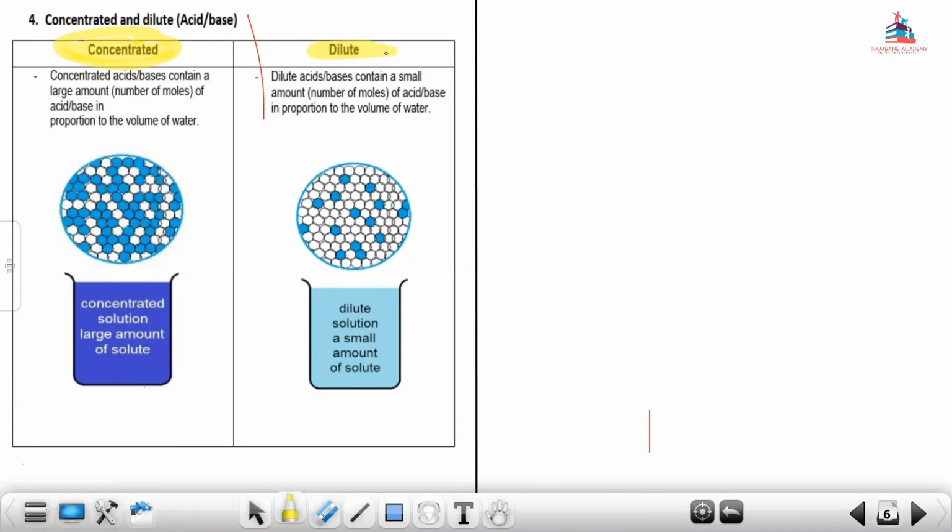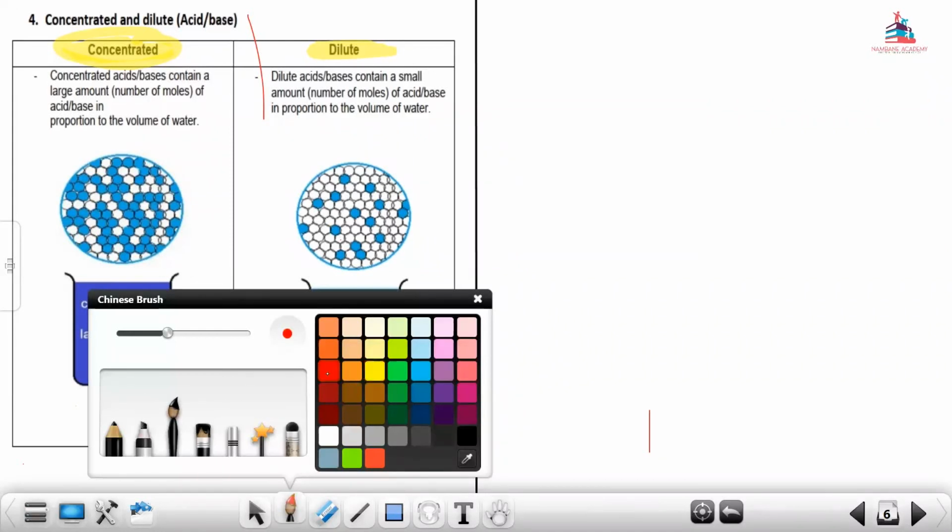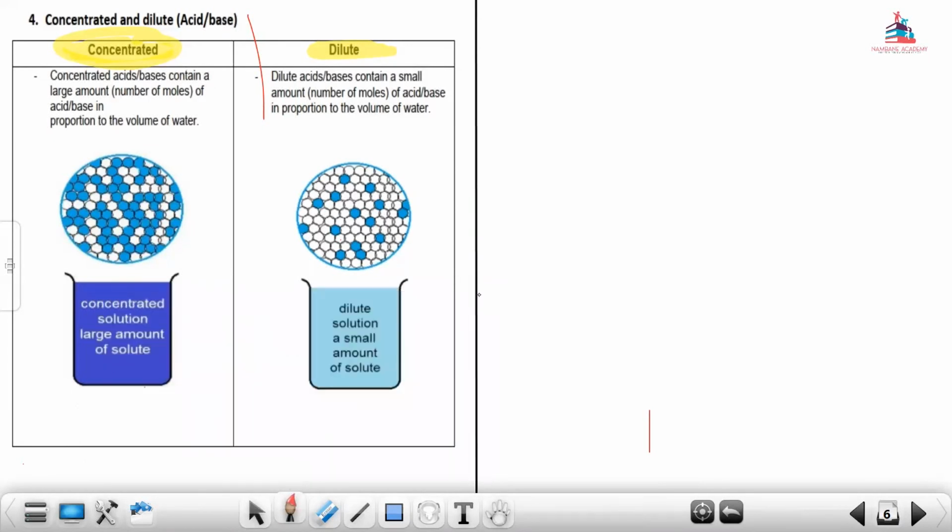A strong acid will remain a strong acid. A weak base will remain a weak base. A strong base will remain a strong base. The only thing that will change for the issue of one being concentrated and one being dilute is that a concentrated acid or base contains a large number of moles in proportion to the volume of water.